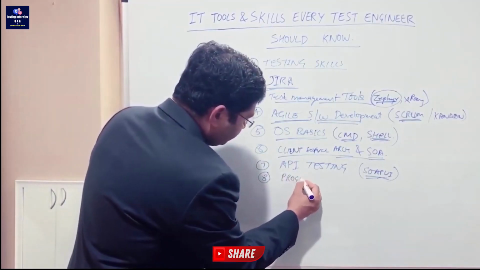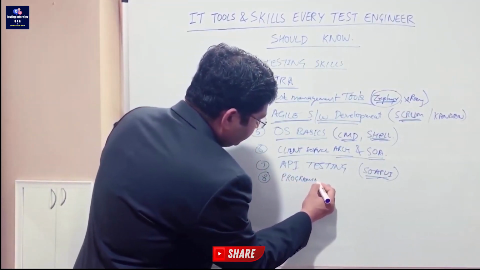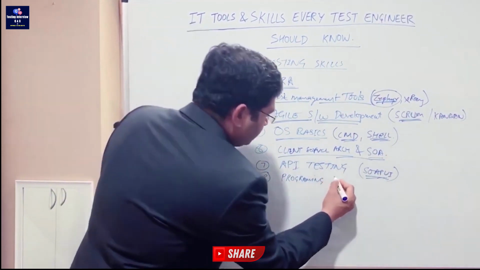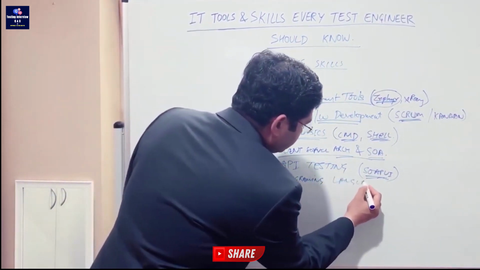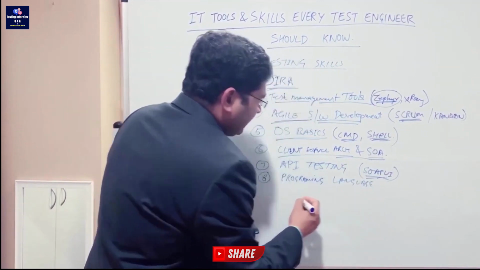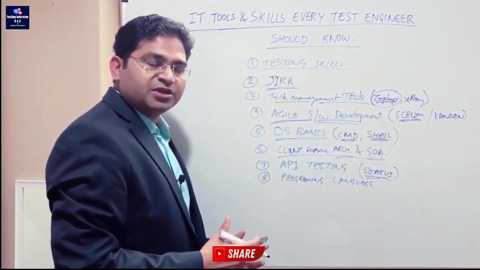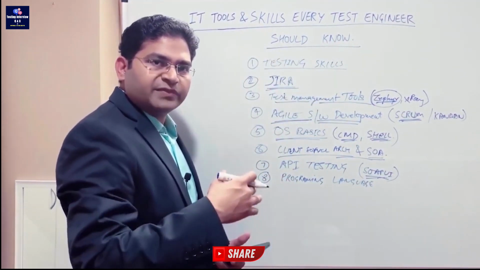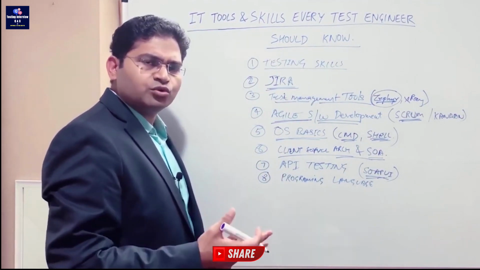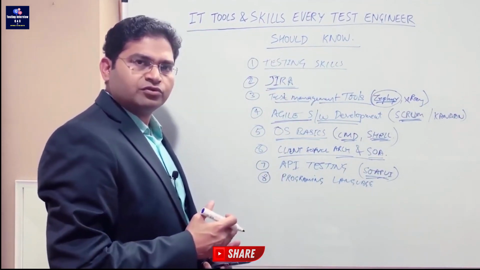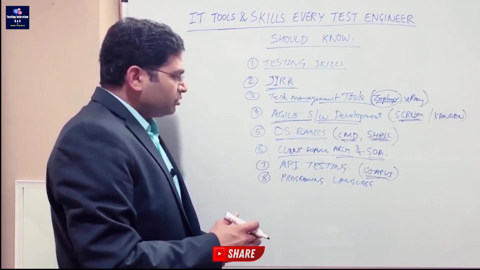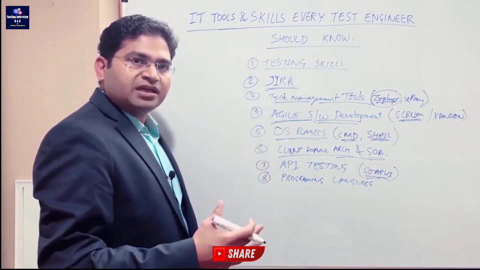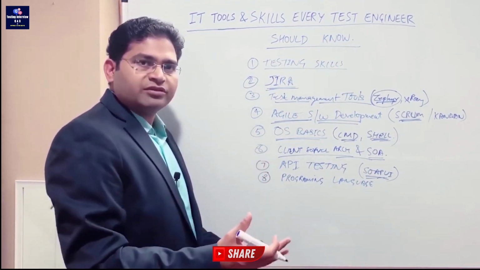Programming language basics. This is very important. At least the basics of a programming language: if, else, while, how you use them, and the benefit of those loops and conditions. So learn a little of the basics and try to start with, for example, Python.